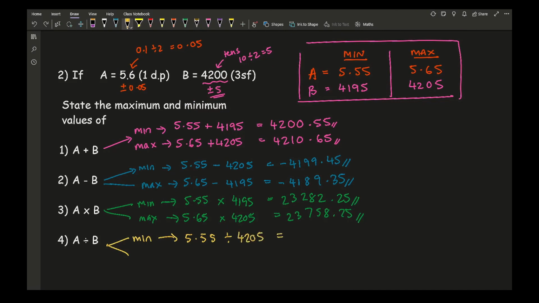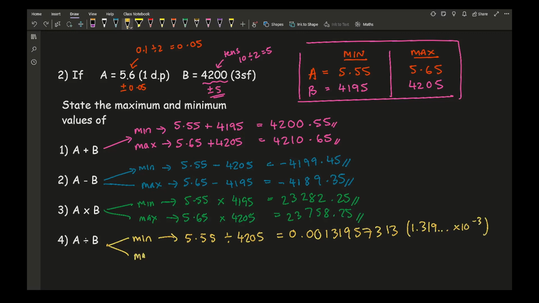It's going to give me a not so nice number, which is 0.00131957313. Or if you're looking at a calculator, it might be 1.319 and so on times 10 to the power of minus 3 if your answer is given in standard form.